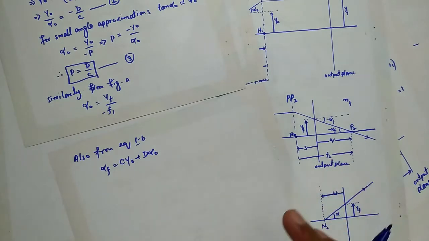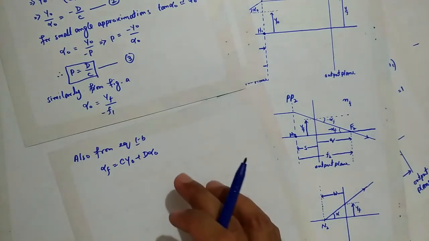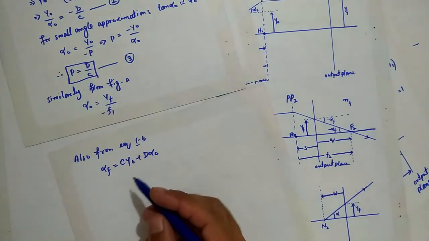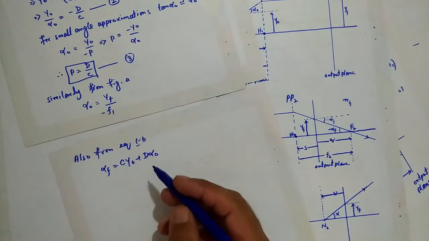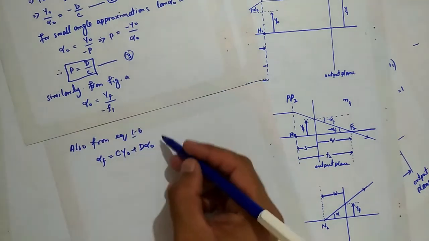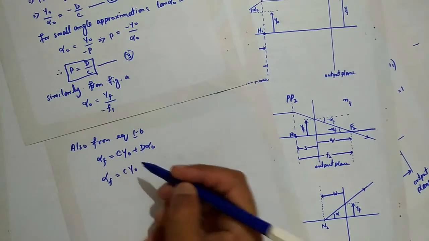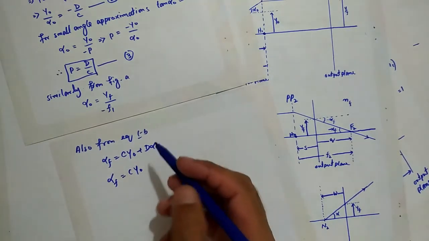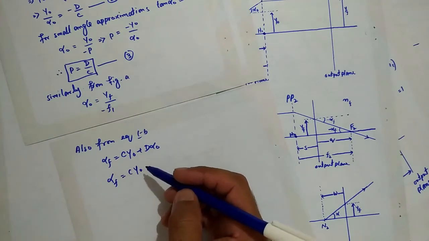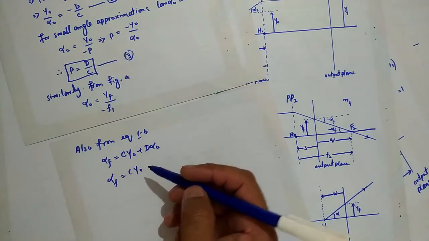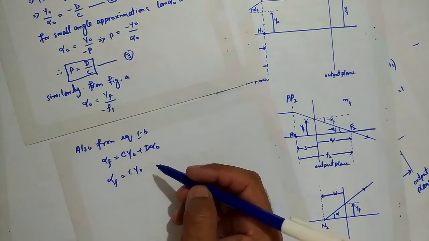But here alpha naught is 0, therefore it will become alpha f equals to C y naught. Clear?